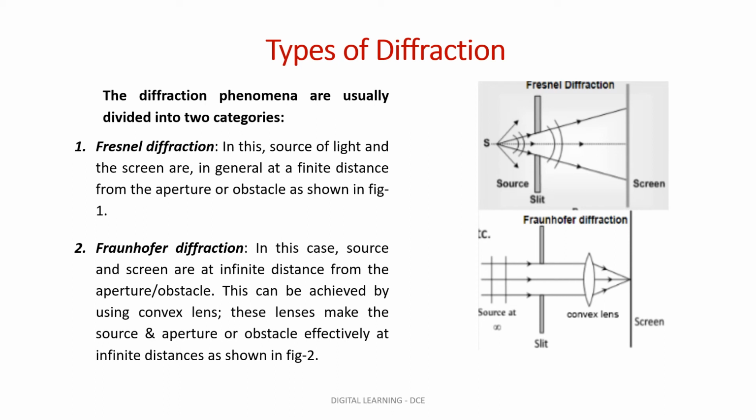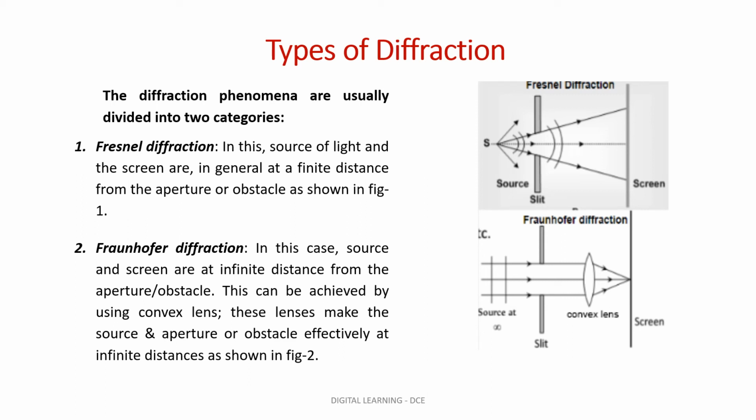In Fresnel's diffraction, since the distance is finite, no lens is required to make the rays parallel or to converge. But in Fraunhofer diffraction, since the distance is infinite, a lens has to be used to converge the rays or make them parallel. Third, in Fresnel's diffraction, we normally take point sources as shown in figure 1.